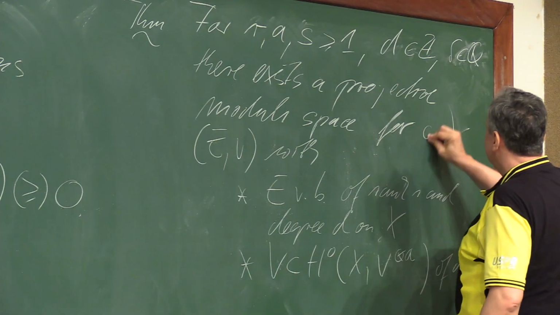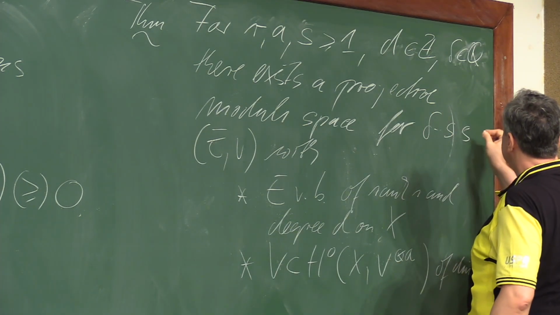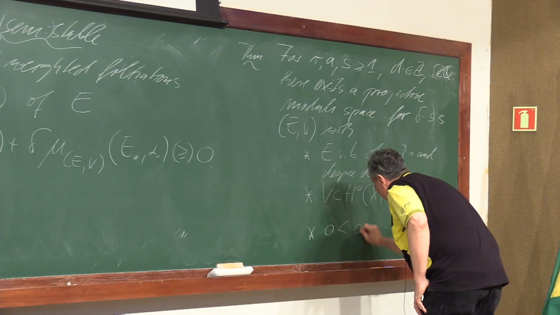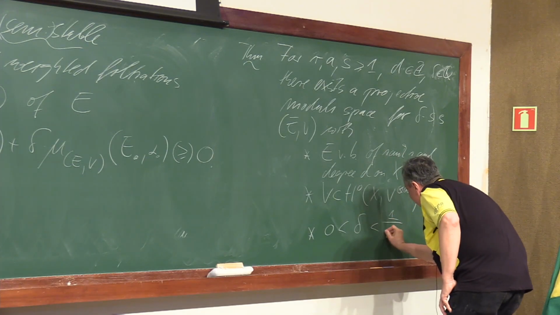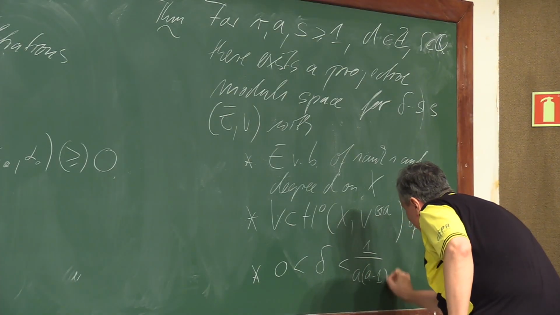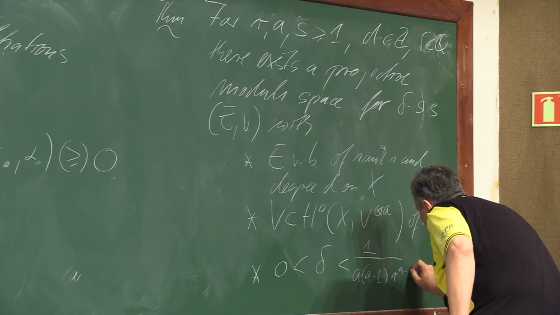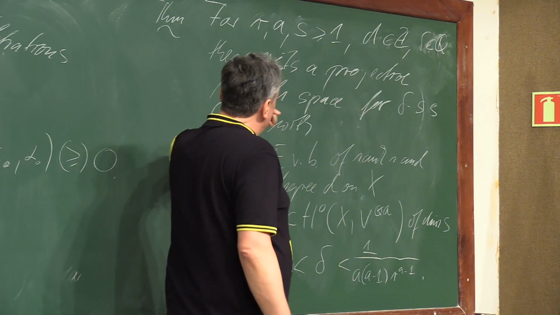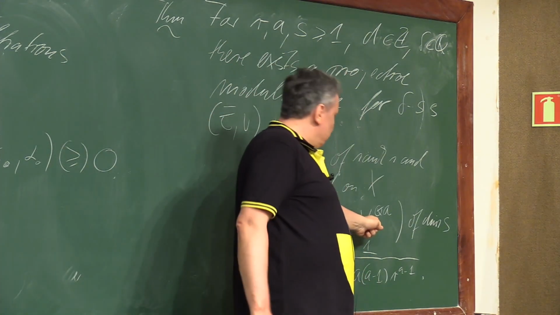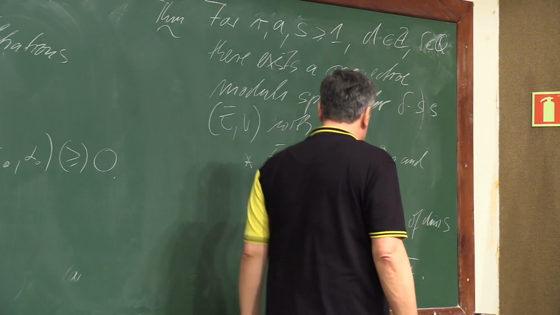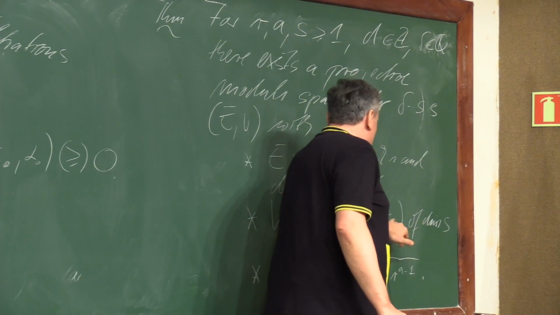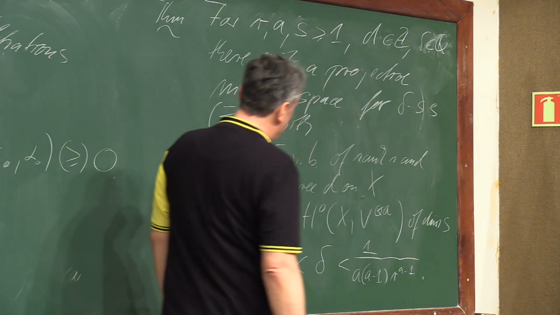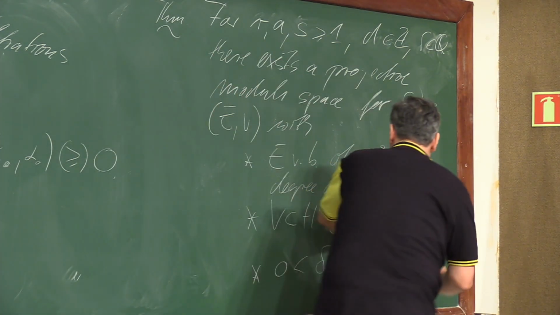And delta, in Q, has to verify some inequality like this. Okay, so under these assumptions, there exists a moduli space. So the representation is just the A-fold tensor representation. I don't allow a twisting here. And so there is some constraint on the stability parameter.